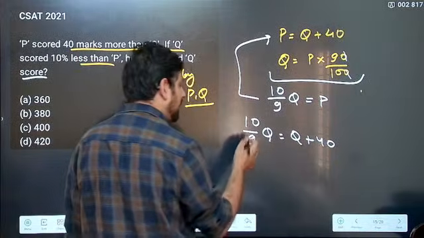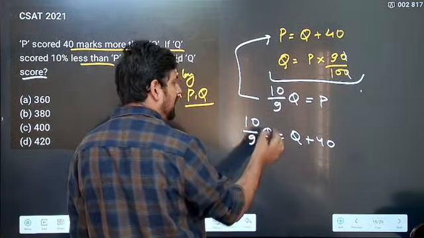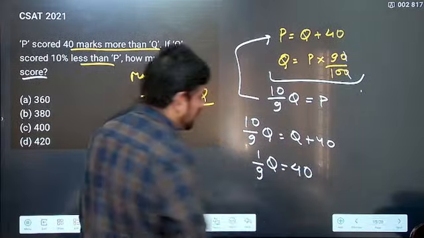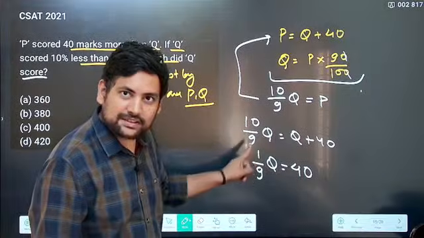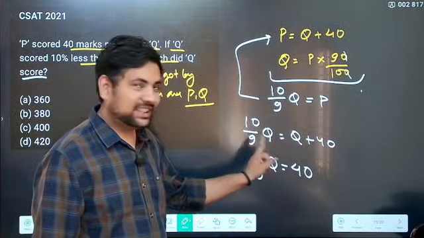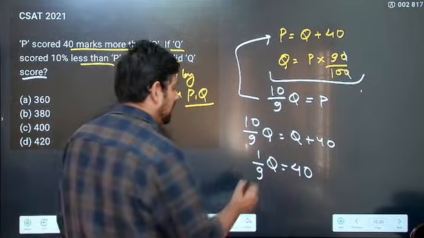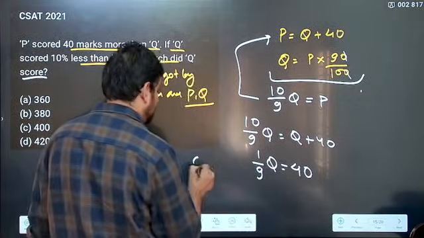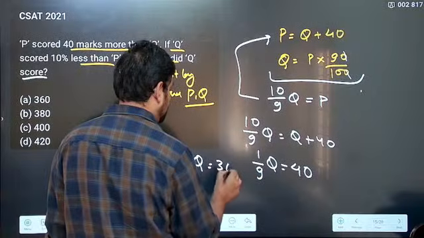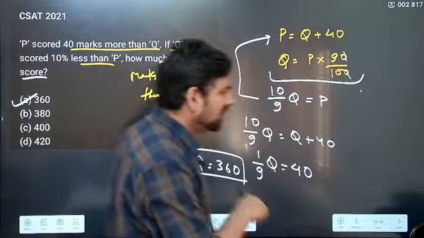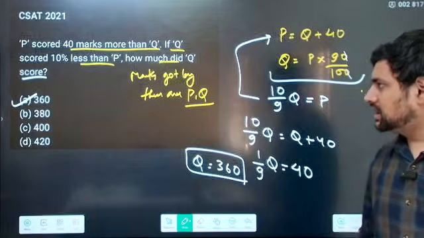Or you just subtract it here, so this becomes 10 minus 9 is 1 by 9Q is equal to 40. Then you can send 9 there. So Q becomes 9 into 40, that is 360. And the answer is, how much did Q score? 360 marks.